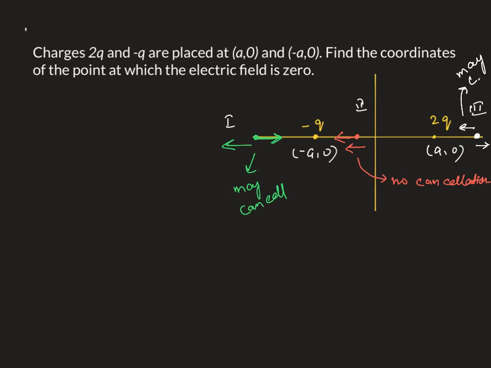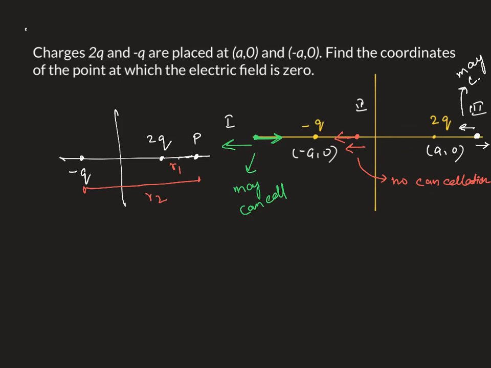Now let's look at the region on the right first. This is minus q, this is 2q, and here we have a point P. Let's say the distance between 2q and point P is r1, and between minus q and point P the distance is r2.